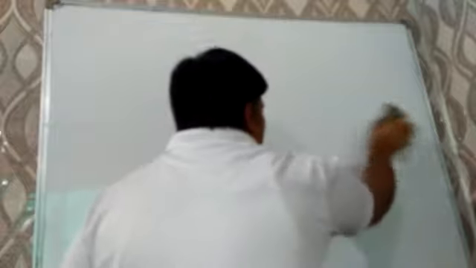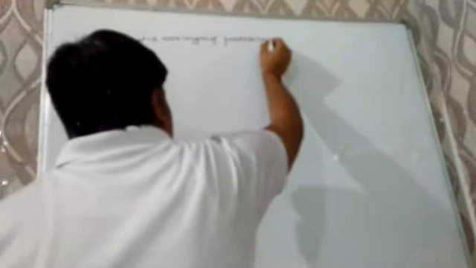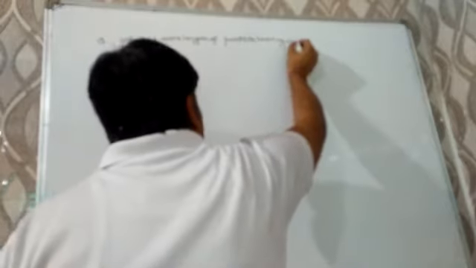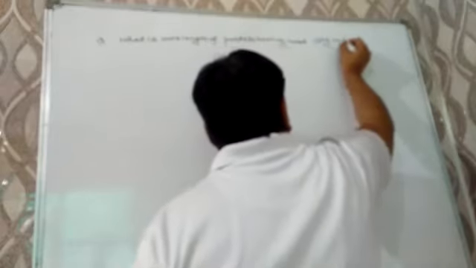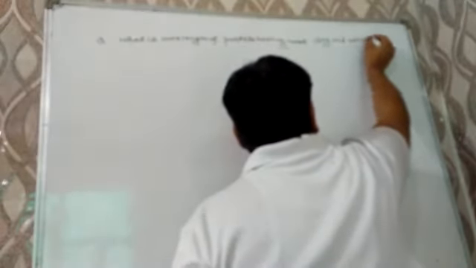Next numerical, what is the wavelength of a particle having mass 150 gram and velocity 100 meter per second?